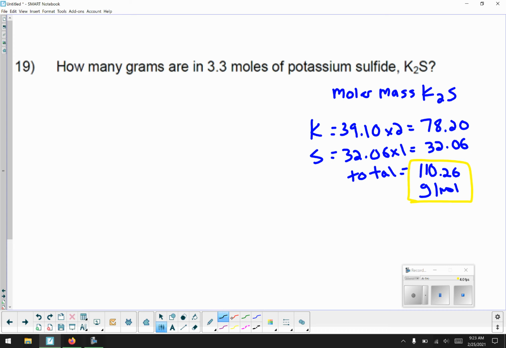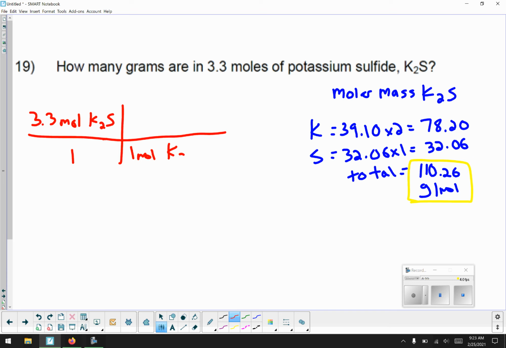So again, we'll take what we're given, put it over 1, 3.3 moles of K2S. Put that over 1, and then we plug in our conversions. We know that in 1 mole of potassium sulfide, K2S, there are 110.26 grams.